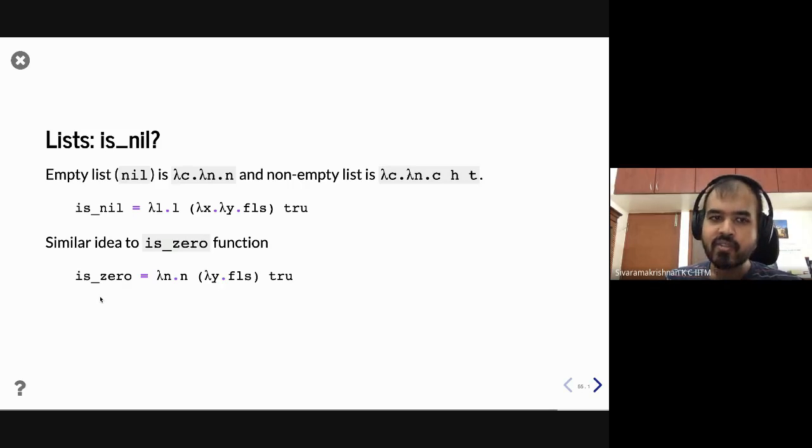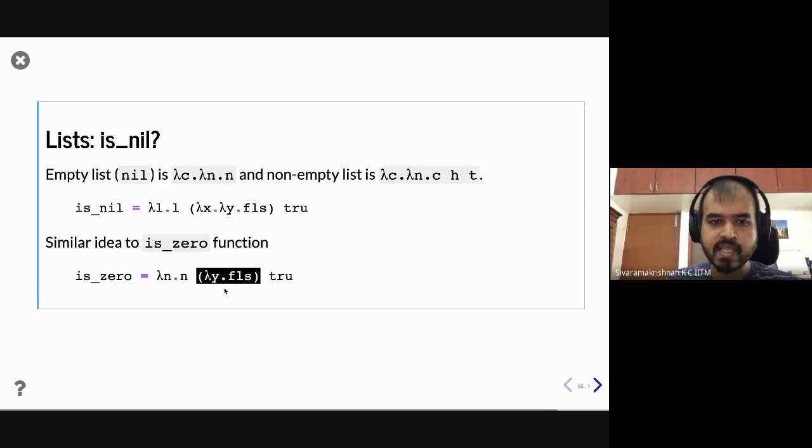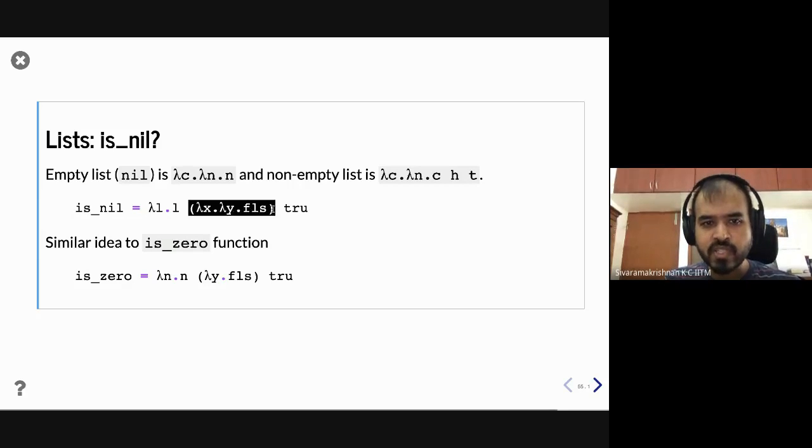So recall the definition of the is0 function, we defined it like this. It takes a number, and then we apply this function for the S position, which takes a y and always returns false, because if you find an S in the construction, then it is not 0. Otherwise, we return true. We do a very similar encoding here. So isnil takes a list L, and for the C position, we know that C takes 2 arguments.